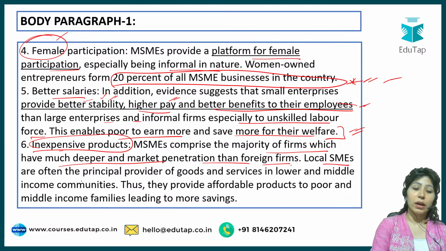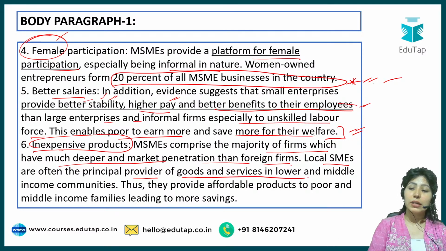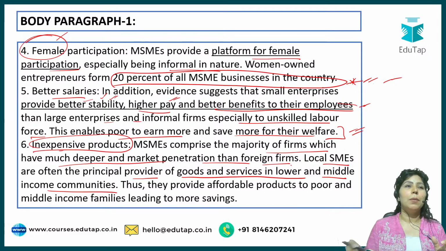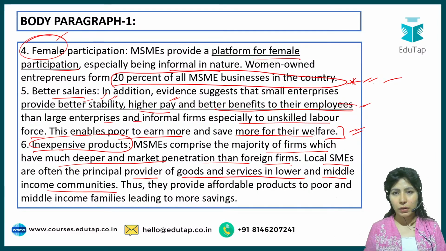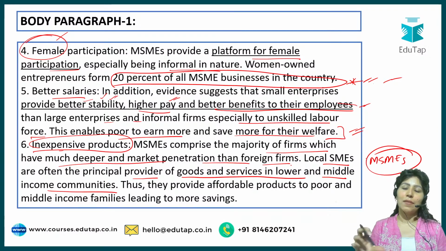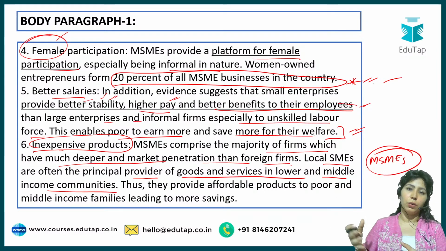Local SMEs are often the principal provider of goods and services in lower and middle income communities. I'm sure you must have seen some dupes of popular packets of chips or soft drinks. So where are these coming from? These are coming from MSMEs. And these dupes almost have the same quality as what is being imported and provided to you on your plate.